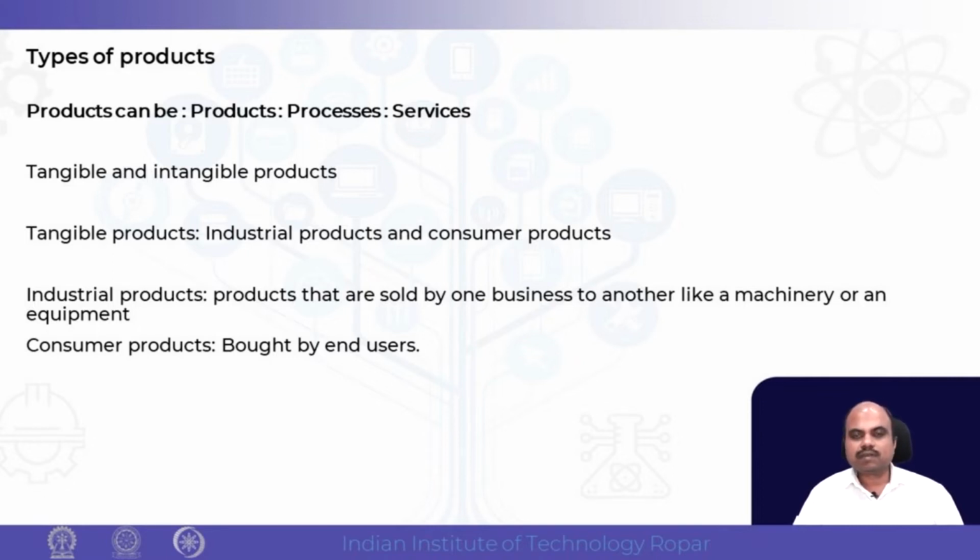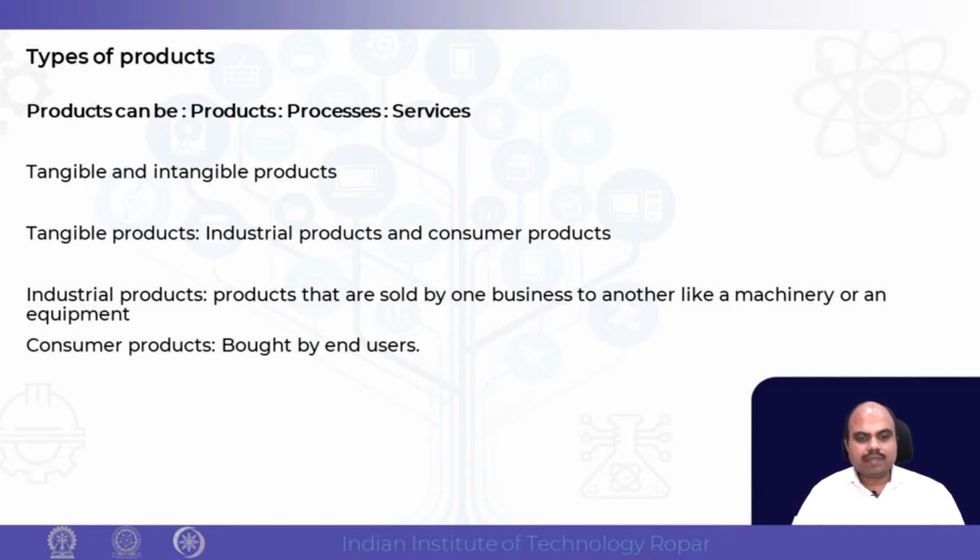Some examples are services like mobile service, internet service. These are intangible products. Software is very important and it is used widely. These are also different kinds of software, all coming under intangible products.